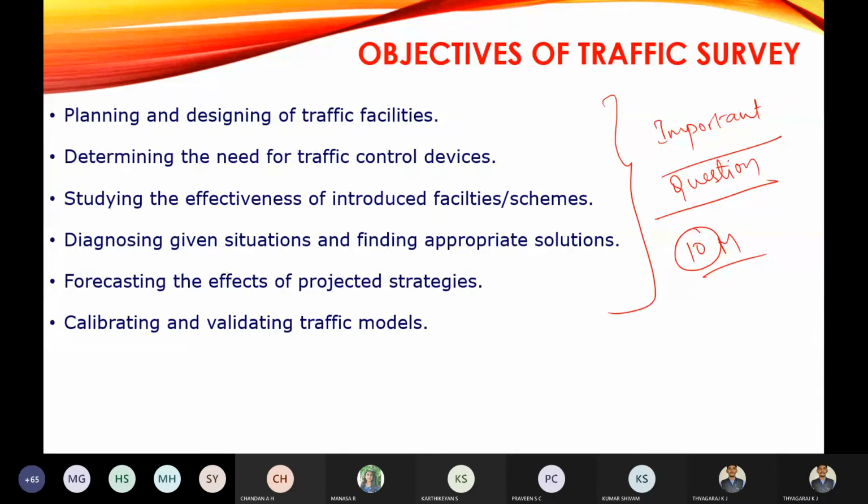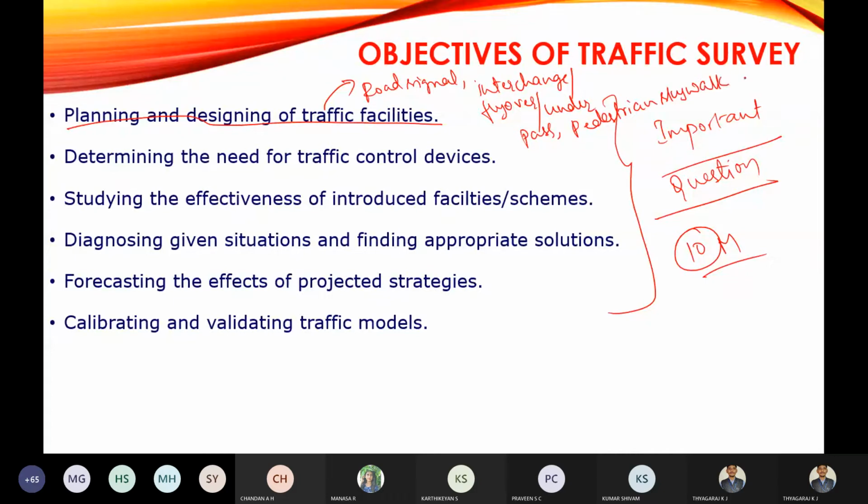So why do we require the traffic data? Because of planning and designing traffic facilities. I told you, traffic facilities may be a road signal, that is a traffic signal. It may be an interchange, that is a flyover or ramps. Interchange, that is flyovers or underpasses. Then a pedestrian skywalk.